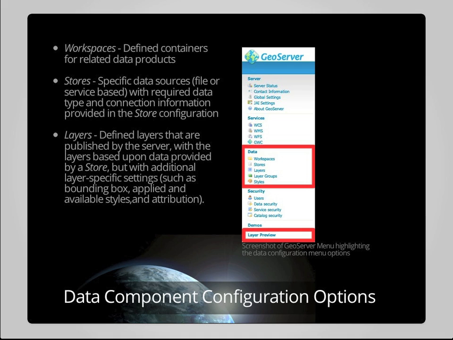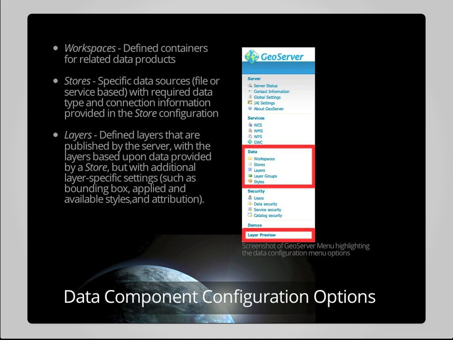In the context of this class, we will be using workspaces as essentially your individual area to be working on lab and homework assignment projects. So each student in the class will develop their own workspace and associated stores and layers.